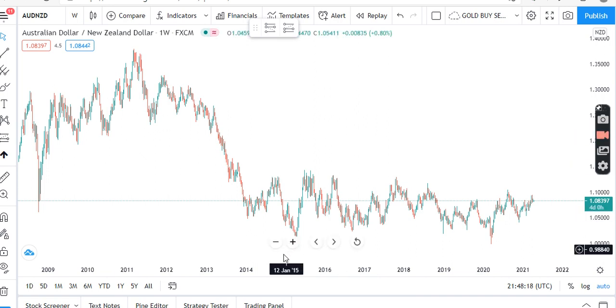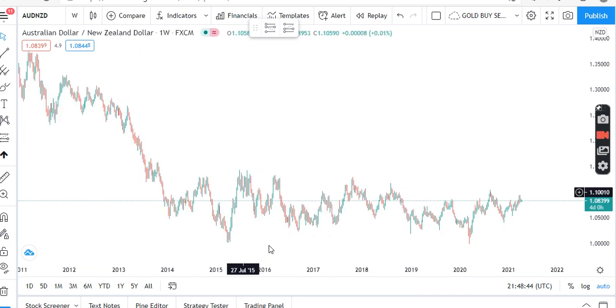We can notice that price had been in a downtrend for some time, but then here it's in a consolidation. Price just keeps bouncing off support and resistance, right? So price right now is considered to be in a range, in a consolidation.